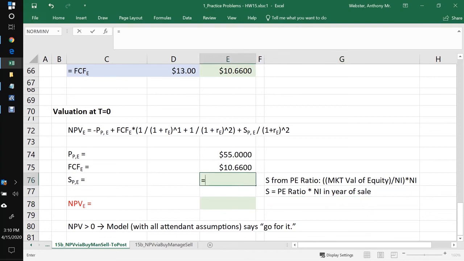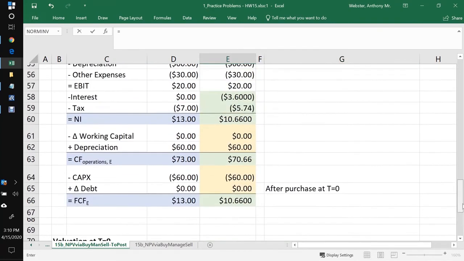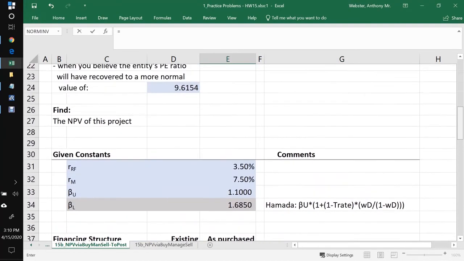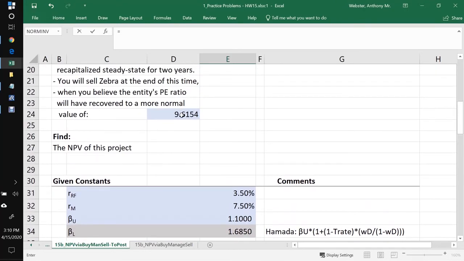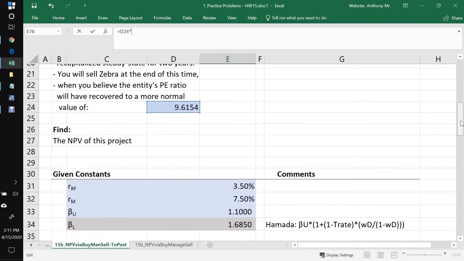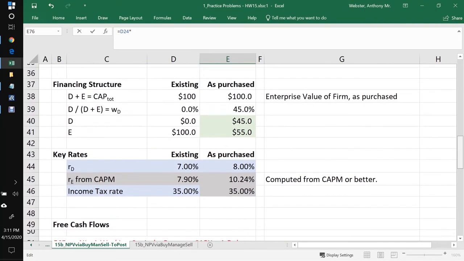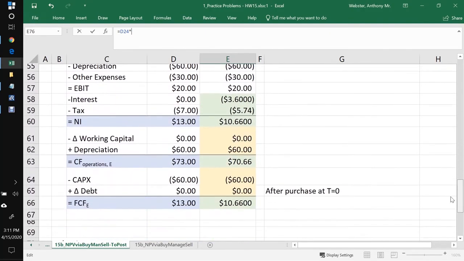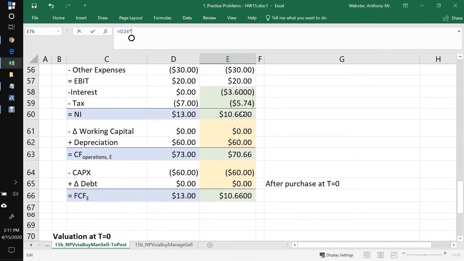All right, so let's see if we can figure that out. We know our PE ratio in the year of sale. That's something that the CFO has estimated for us. So we want to multiply that by the net income in the year of the sale. And it's a steady state firm, so every year's net income is the same.